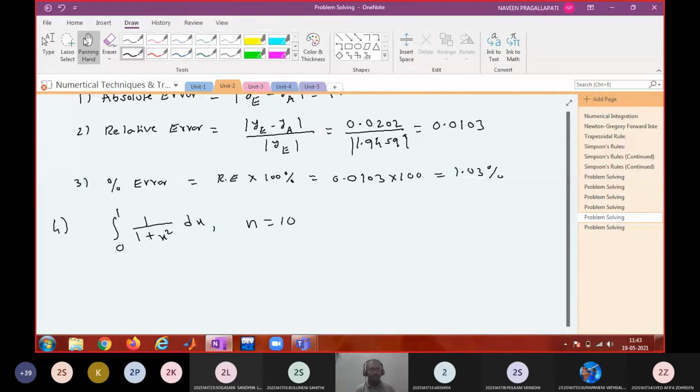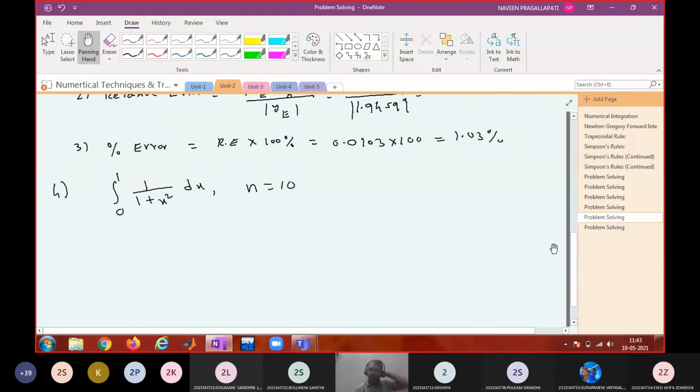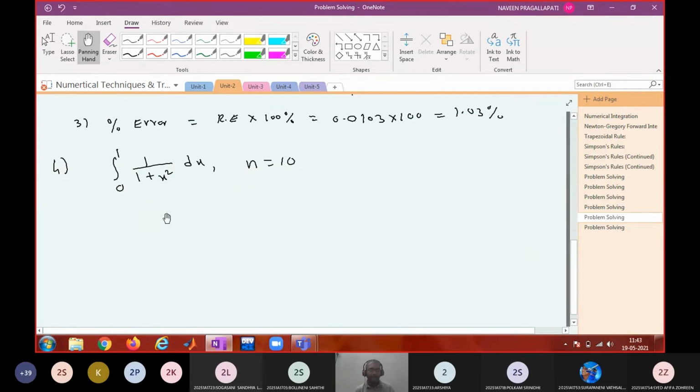Now which rule can you not apply for this problem? Simpson's 3/8 rule, sir. You cannot apply Simpson's 3/8 rule. So we can apply the trapezoidal rule as well as Simpson's 1/3 rule. So apply those two rules to evaluate this problem.